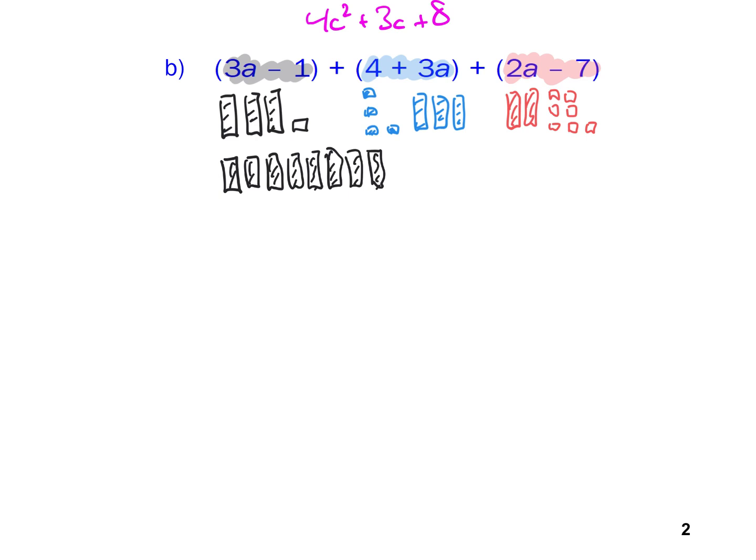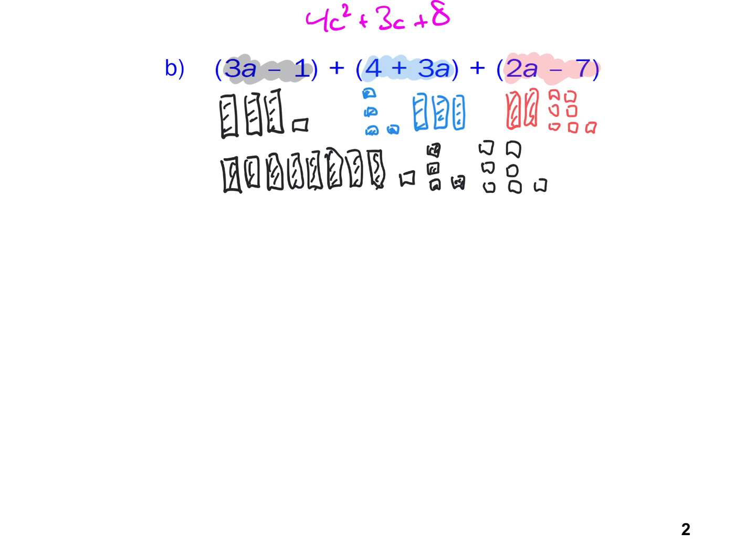Now, as far as the units go, we got 1 unshaded. We've got 4 shaded. And then we've got 7 unshaded. So we got a mix of everything there.